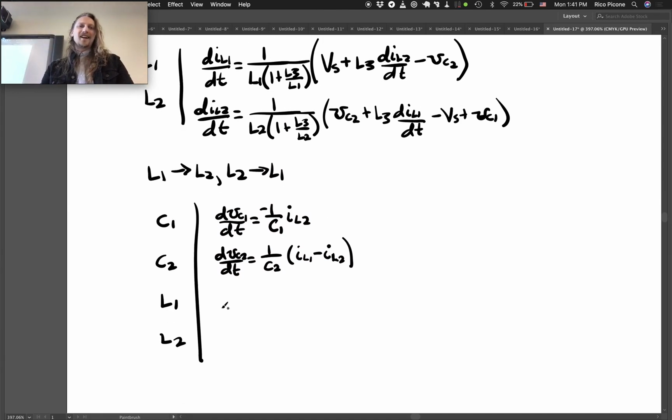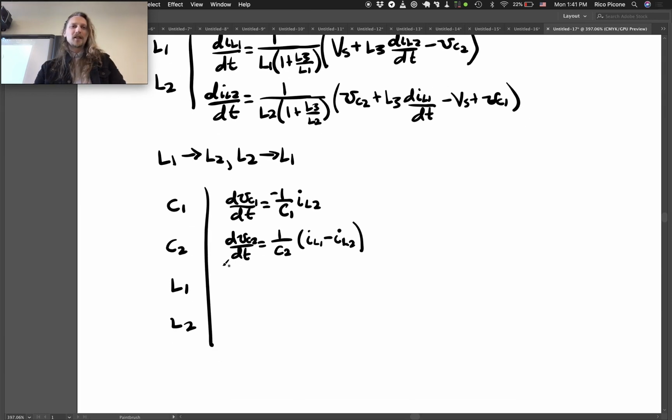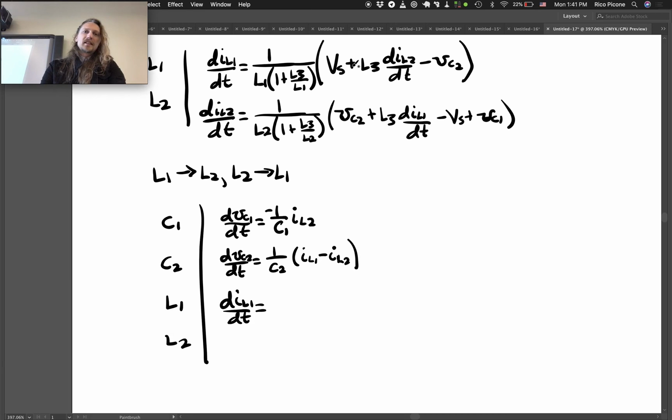And then what we're going to have for the L1 and L2 equations are dIL1/dt equals, I can just look at this and see that there's going to be some term times Vc1.